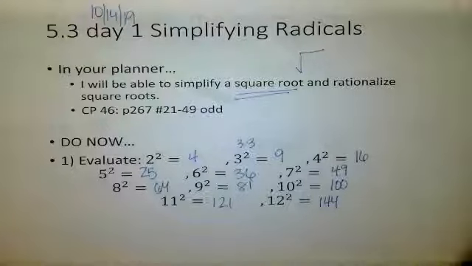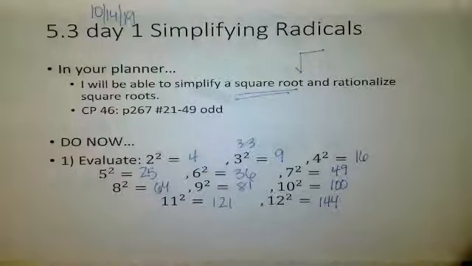They will come up. Ten years ago, I used to have my students memorize their squares up to 20 squared. It's helpful. You will have to learn some perfect cubes and 4th powers and 5th powers as well, so we'll do those as well.